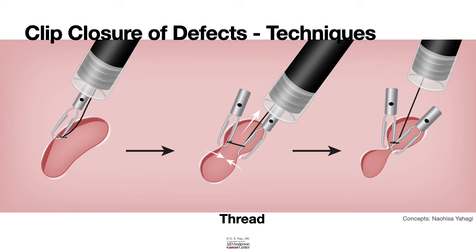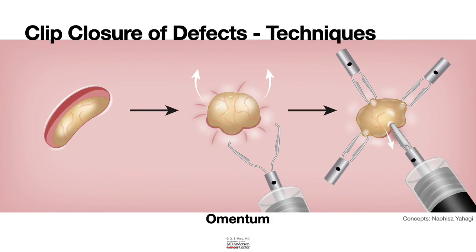And lastly, if it is a big defect and momentum is peeping through that defect, use the momentum to bring it into the lumen and close.